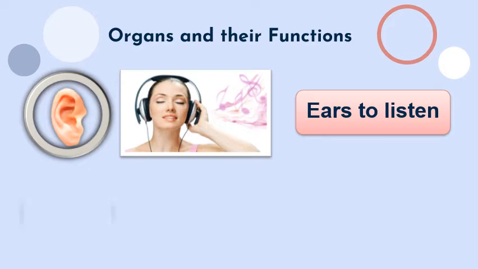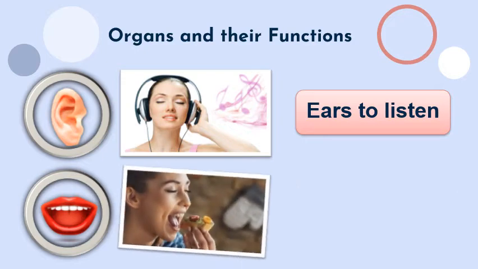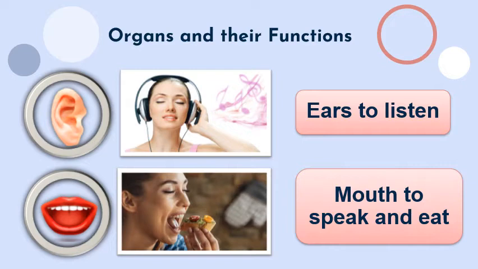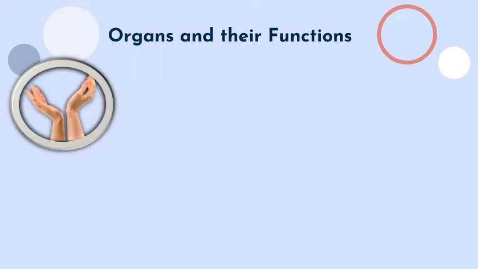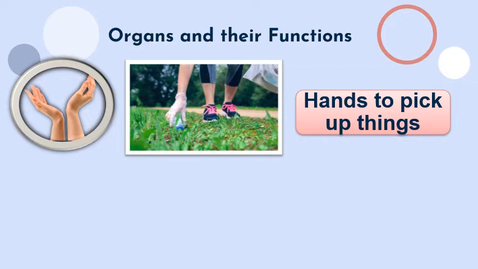Mouth. Mouth is to speak and to eat. Look at the picture. The woman is using her mouth to eat. We have two hands, and hands are for picking up things.